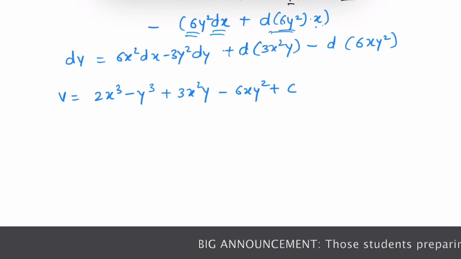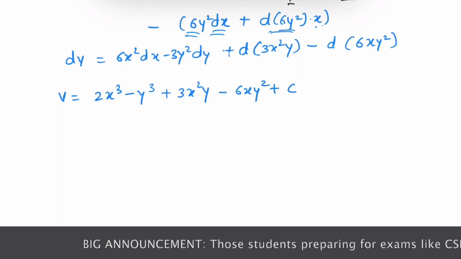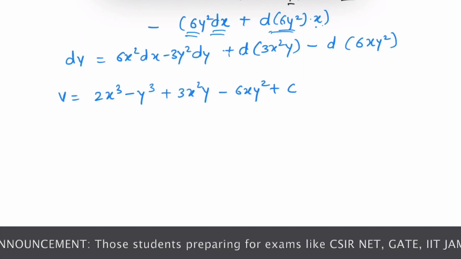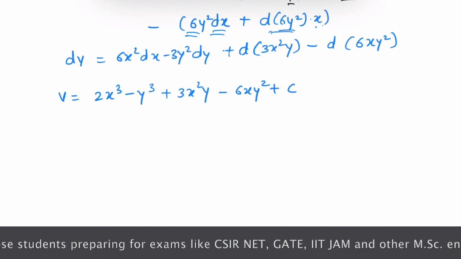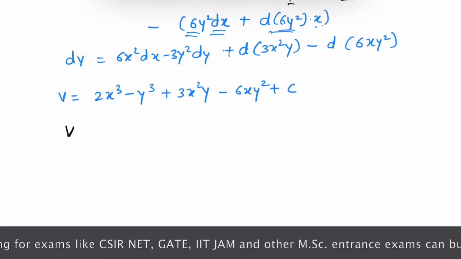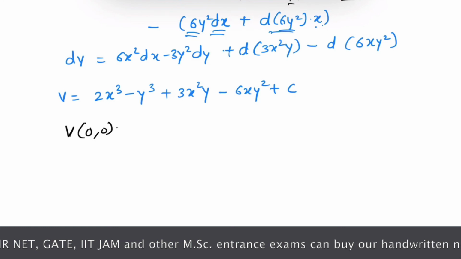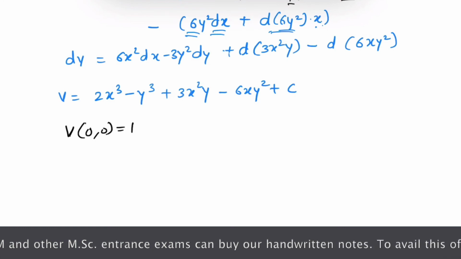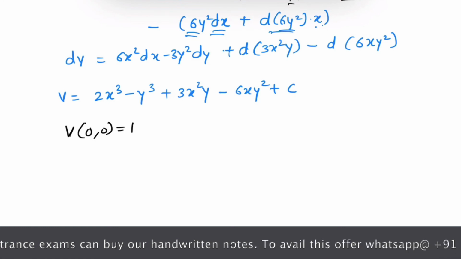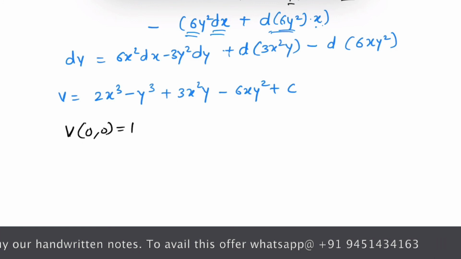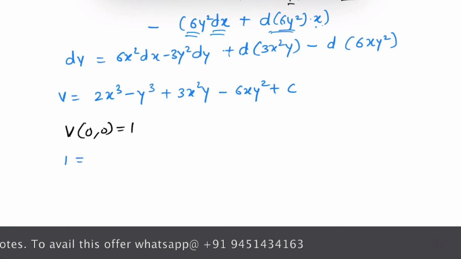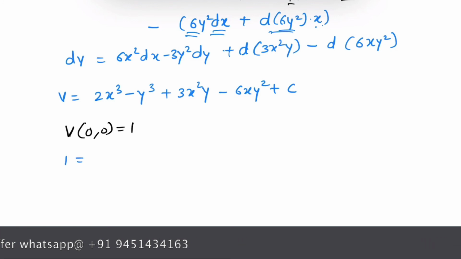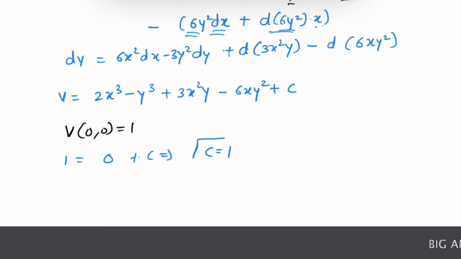Now let's evaluate the value of this constant c by using the condition. It is given that function v at the point (0, 0) is 1. Let's substitute the values of x and y. So we have v is 1, x and y are 0, so we have 0 + c. From here c is 1.